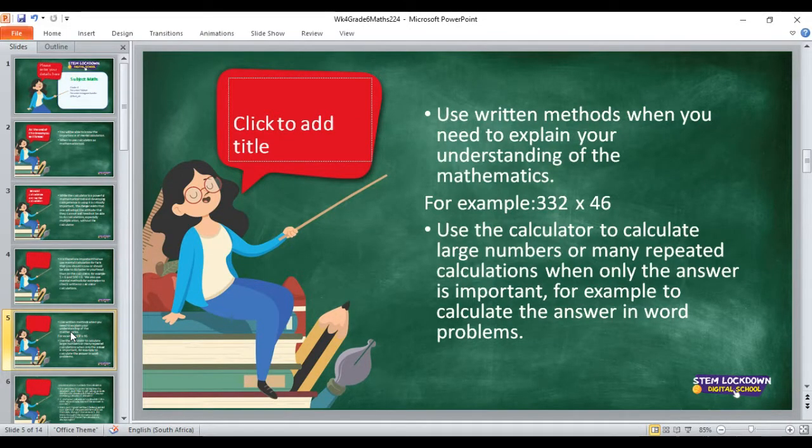For example, here we have 3 digits multiplied by 2 digits, which is 332 multiplied by 46. Here you can use the written method, just so you are able to explain.